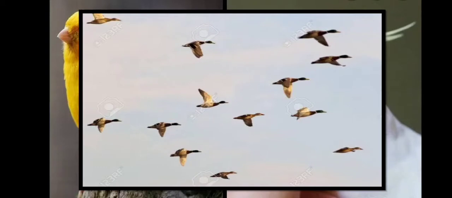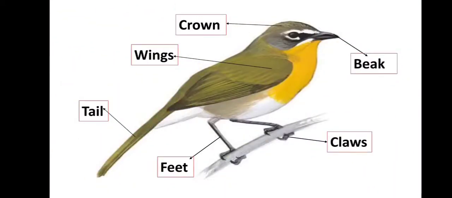Now let's check the parts of the birds. So these are the main parts of a bird. Can you see this? This part is crown or head. And you can see this is beak.